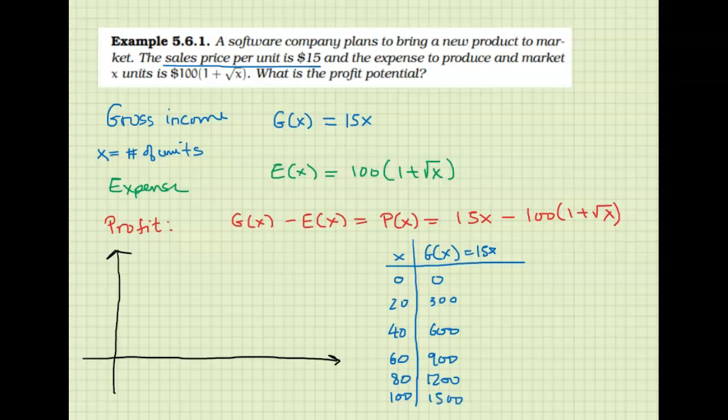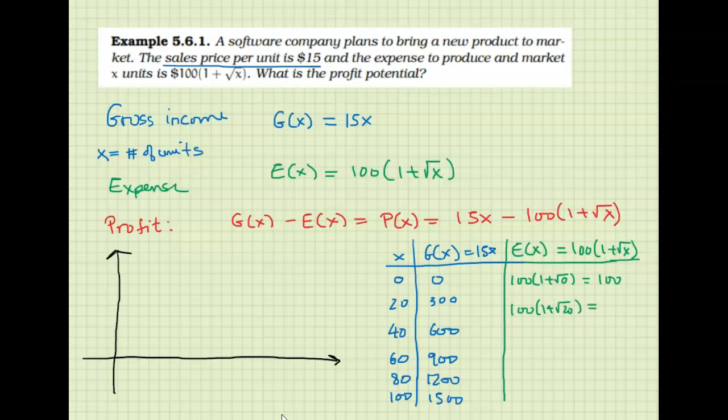Let's also do the table for expenses using the same x values. This is 100 times 1 plus square root of x. x is 0 is going to be 100 times 1 plus square root of 0, which is 100. For 20, we have 100 times 1 plus square root of 20.